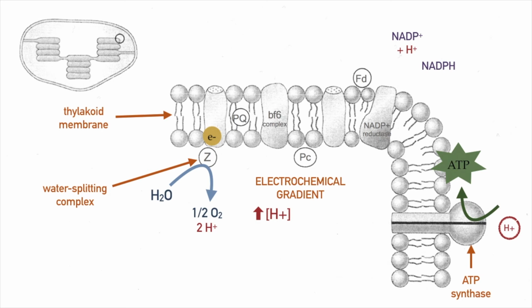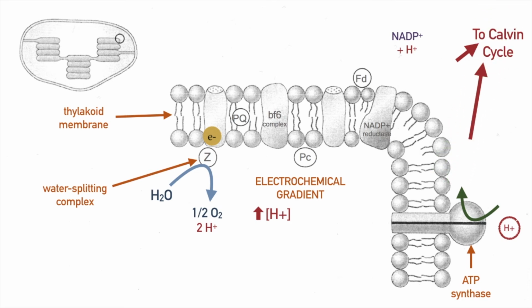Those electrons were excited and given more energy by sunlight, and the electrons ended up in molecules of NADPH. And now these two molecules, NADPH and ATP, are going to be moving on to the light-independent reactions and the Calvin cycle, which is what we're going to be discussing next.